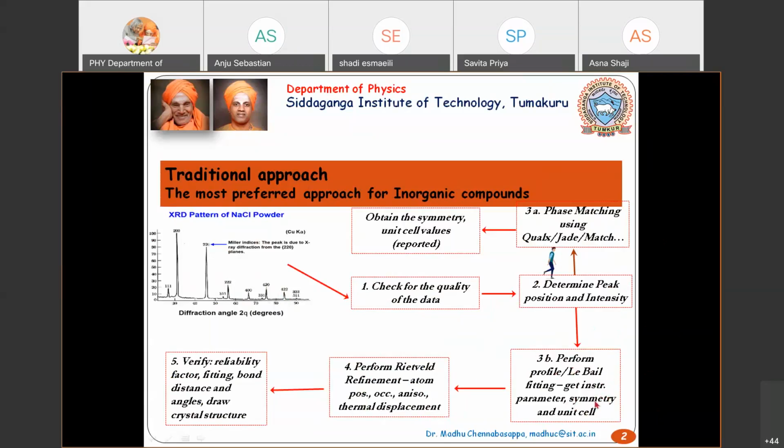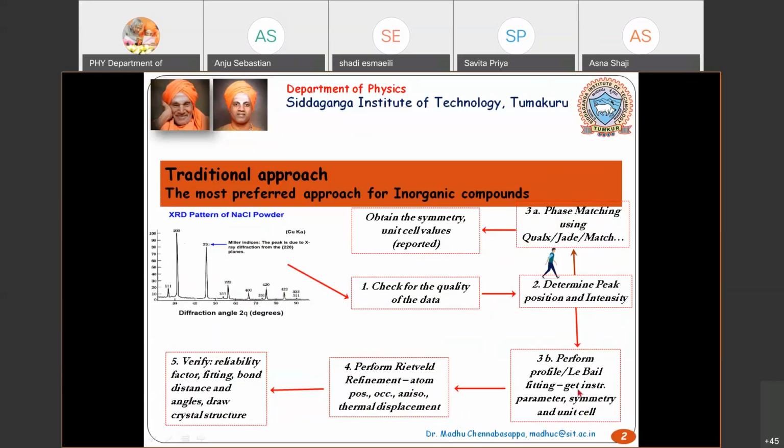Because you want to know the unit cell parameters, and also the proper symmetry, that means the proper space group for your sample. Along with that, this will also give more information about the instrument parameters, like your U, V, W parameters or X, Y parameters.